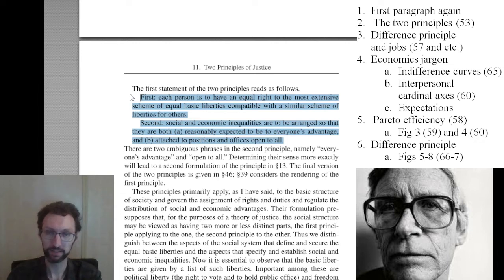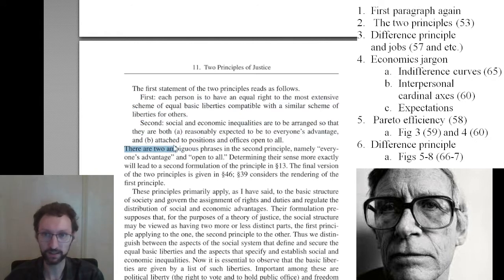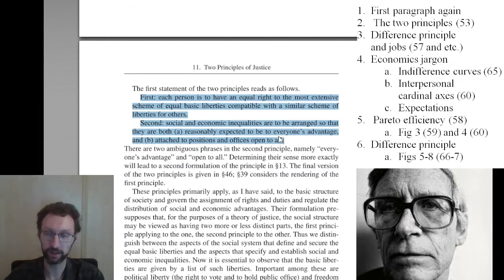But that's not to say you can just read these and understand everything. It's fine if you read this and it's not clear what justice is or what the theory is or anything. As Rawls says in the next sentence, there are two ambiguities in the second principle, namely blah, blah, blah. I'll talk about these more. So again, since the whole book is about this stuff, you're not supposed to understand everything just by reading these sentences.